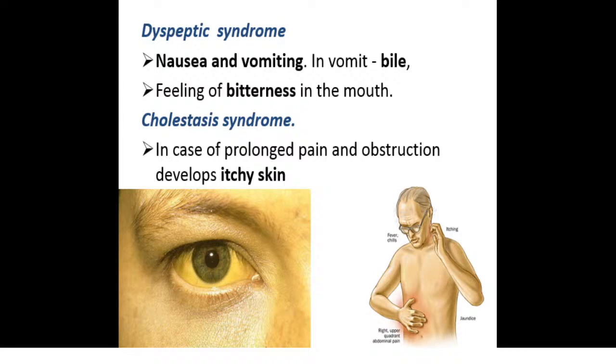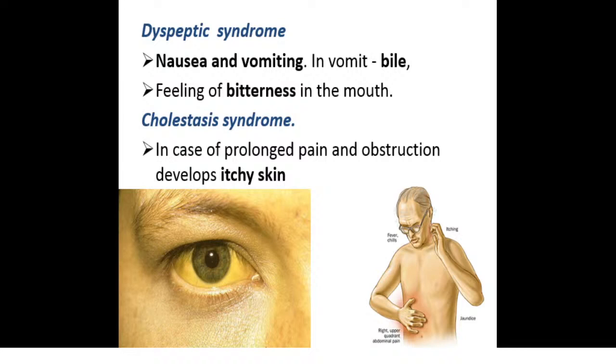And this patient may have cholestasis syndrome. In a case of prolonged pain and obstructive jaundice, itching of the skin develops, and the patient has increased bile acid in the blood.